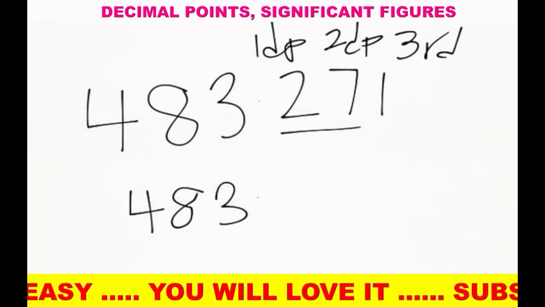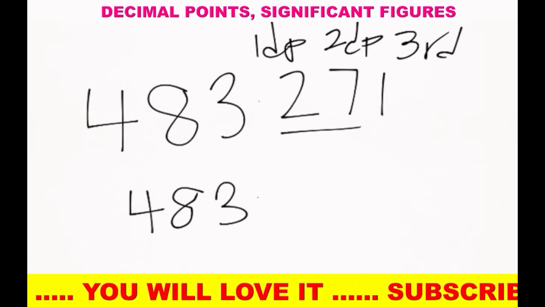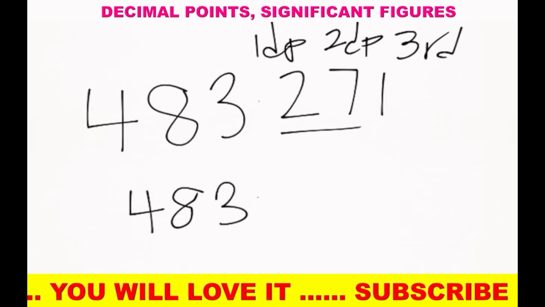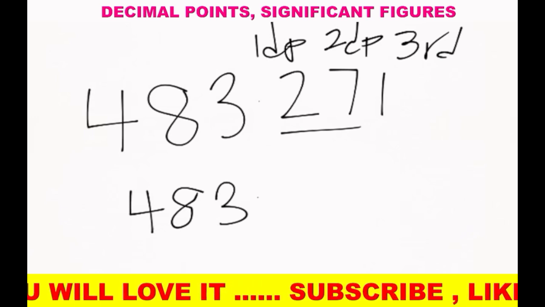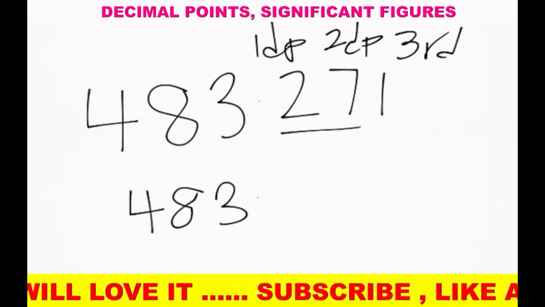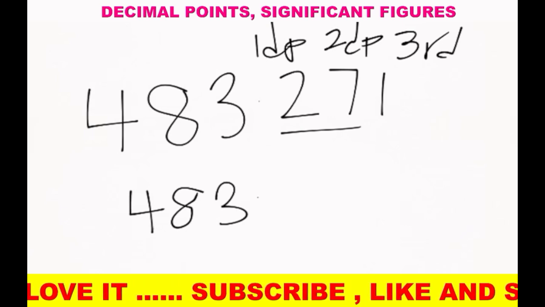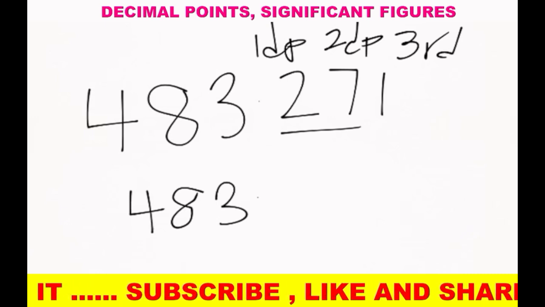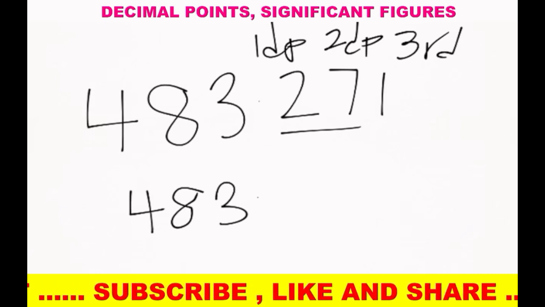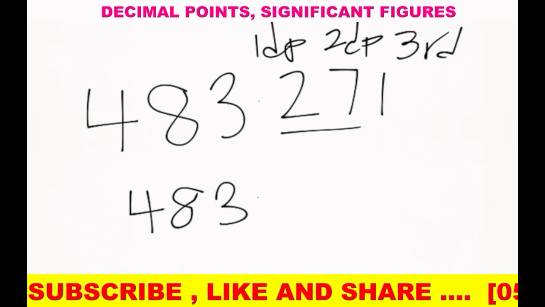Now ask yourself, we have the 2 as the first decimal place, and the second decimal place we have 7 there. So the 1 was the third, but now we want it in 2 decimal places. Now that we've taken our 2 and 7, which number is at the second?